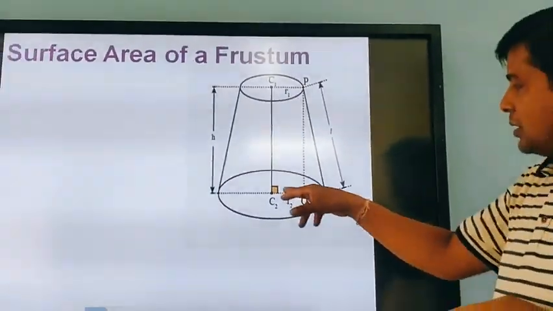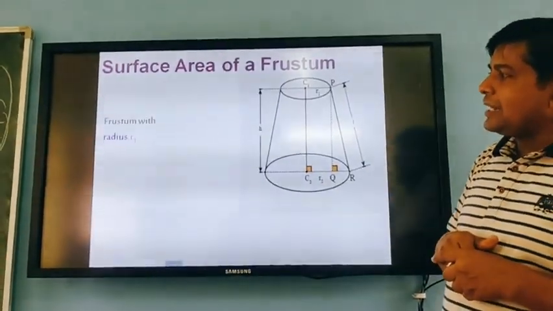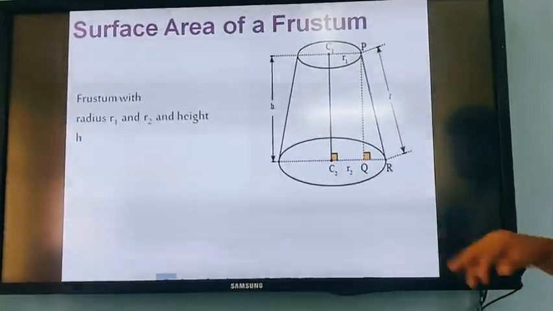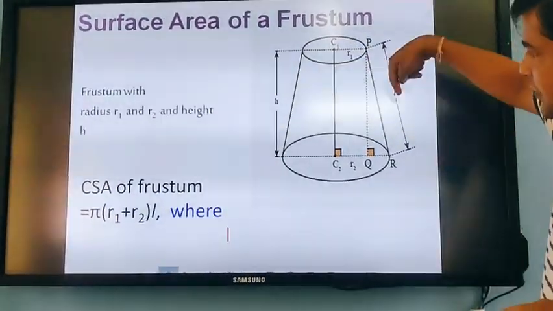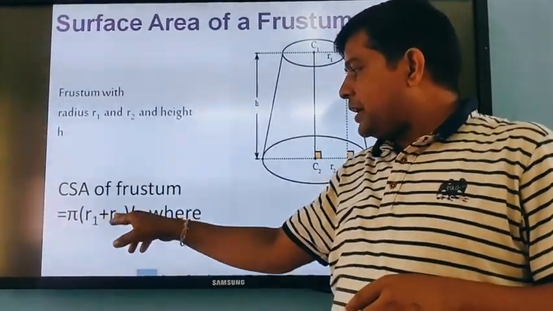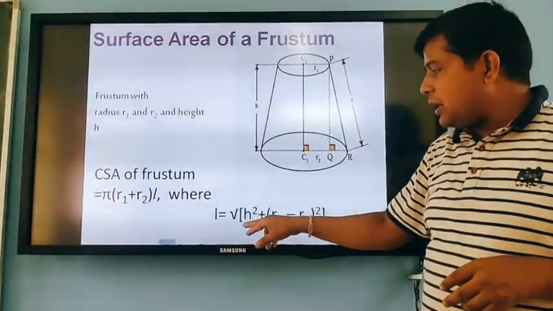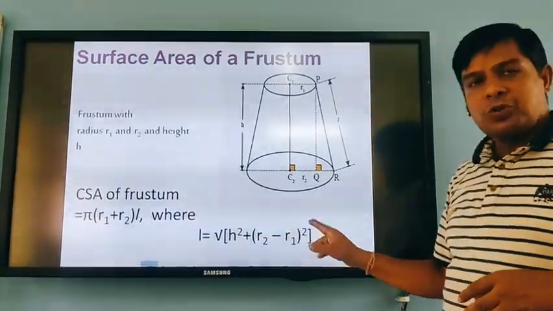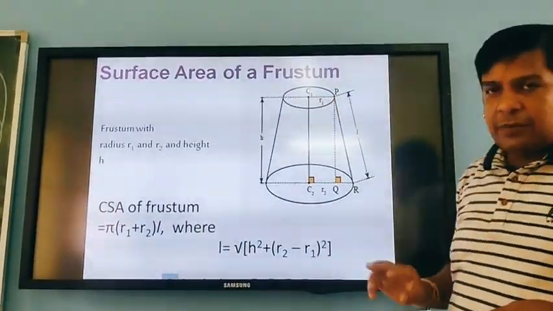Upper radius R1, lower radius R2, slant height L. Now the frustum with the radii R1 and R2 and height H. This part is known as the curved surface area of the frustum. It is given by pi (R1 plus R2) multiplied by L, where L is the slant height. That is given by the formula L equals square root of H square plus (R2 minus R1) whole square. So by this we can find the curved surface area of the frustum.